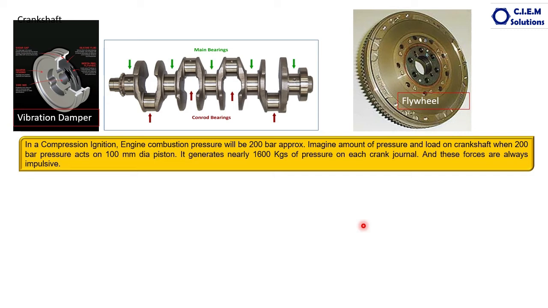And you can imagine if the piston is larger than this, 6 inches, 8 inches, 10 inches like this, how many tons of weight the connecting rod and the crankshafts will carry.